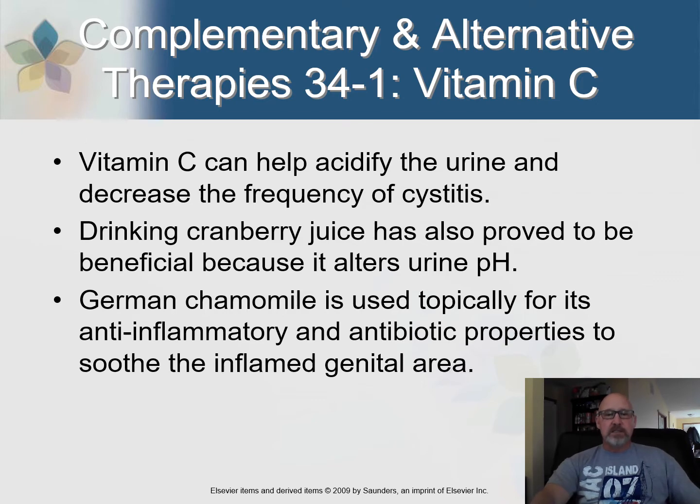German studies have shown that chamomile tea, topically, can help with inflammation. I don't know who came up with the idea of putting chamomile tea bags somewhere, but anyhow, I'm a proponent of drinking vitamin C, so orange juice. Orange juice works good.